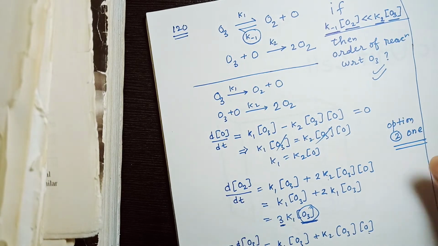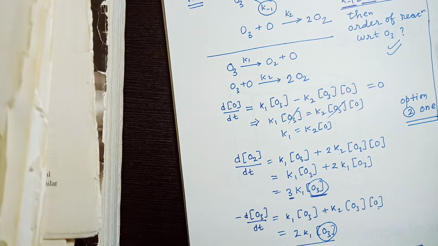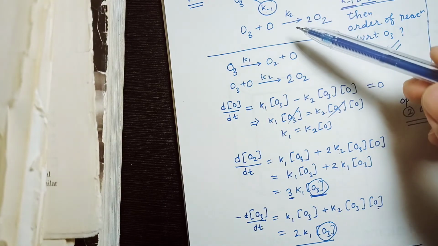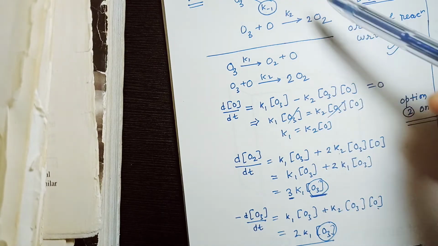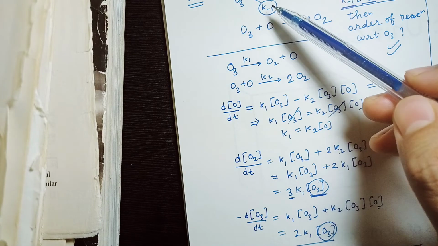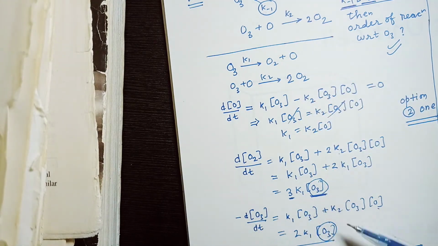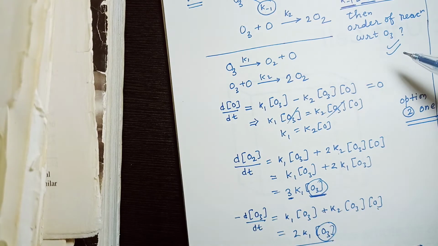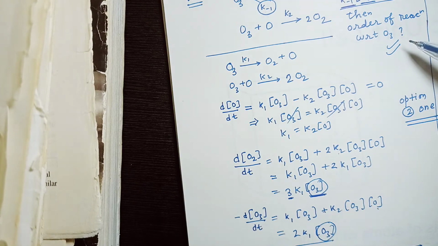So this question is finished, but a couple of points regarding this question. As I told earlier, there is one more method to solve it. If we do not consider K minus 1 negligible at the start of reaction, the whole derivation will be bigger, and later on we will get the same result. They could have changed the question.